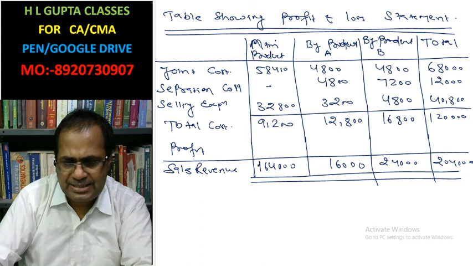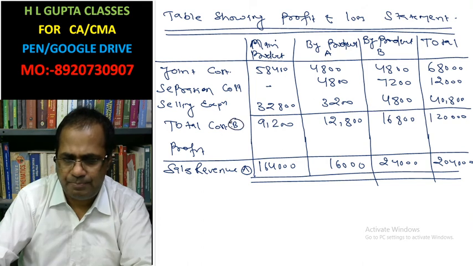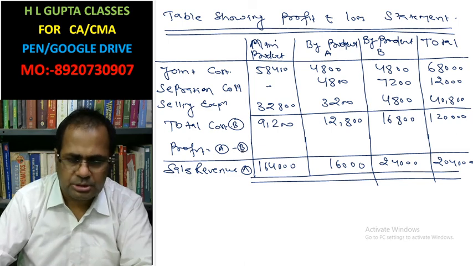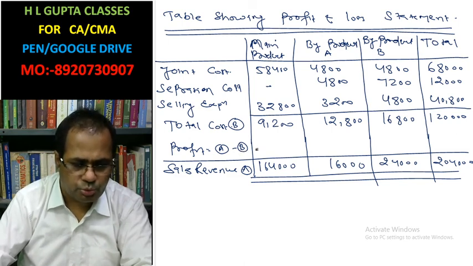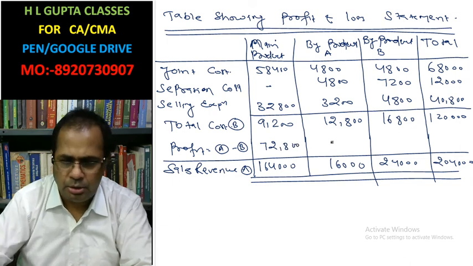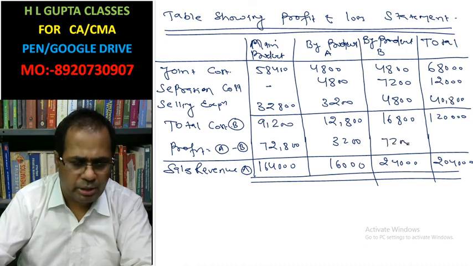Profit in this case is this minus this. Suppose this is A and this is B, then profit will be A minus B, and that is 72,800, 3,200, and 7,200.